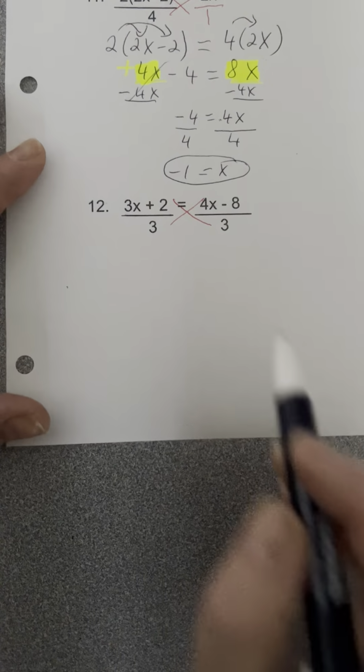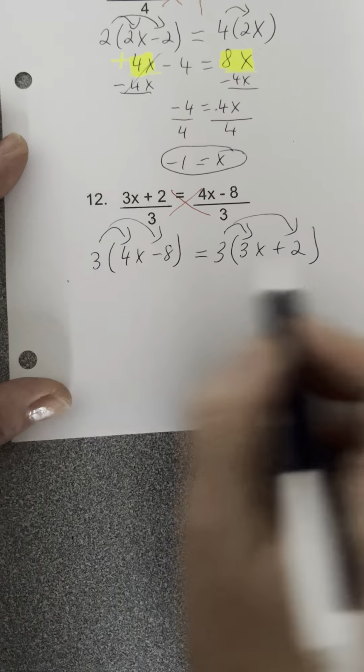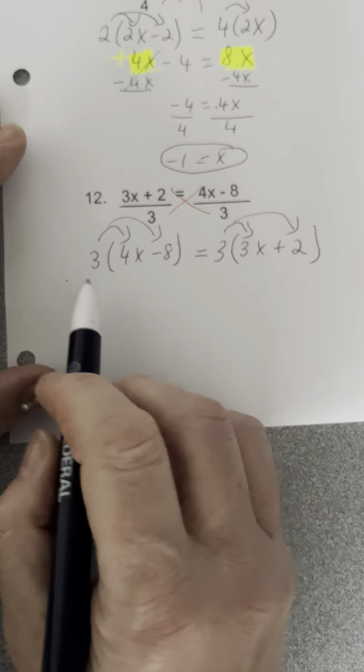So 3 times 4x minus 8 equals, and then the other 3 times 3x plus 2. Okay? All right. So what we're going to do is one at a time. It doesn't matter which side you start, but usually in math we go left to right, so I'll just start on the left. Just makes life easier.